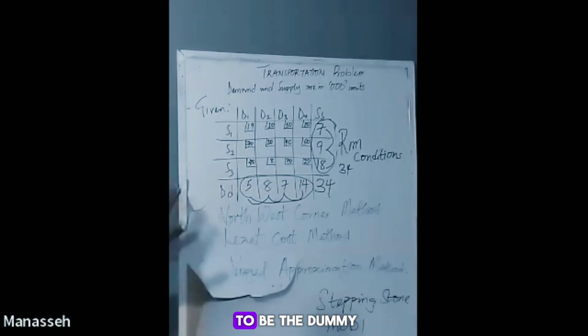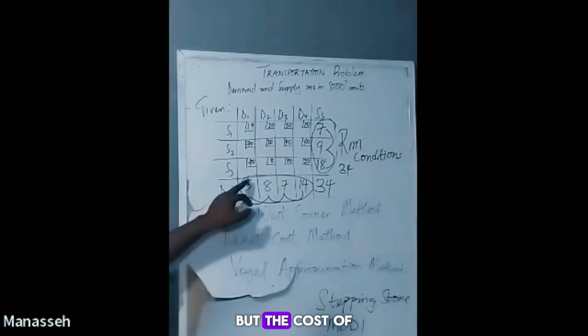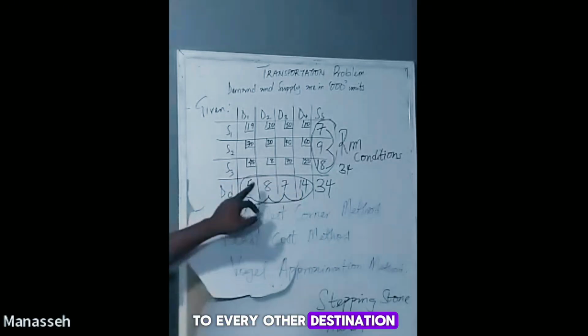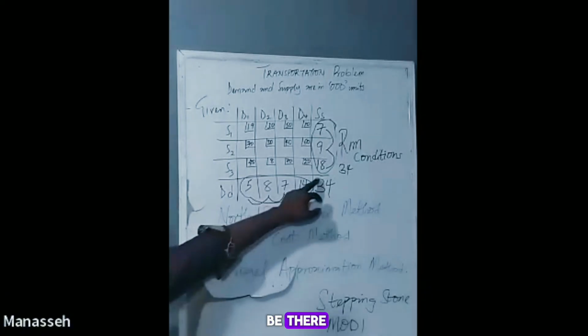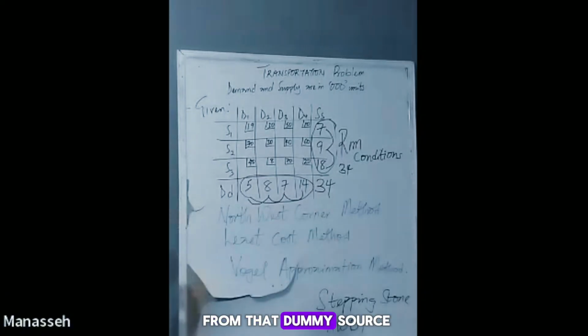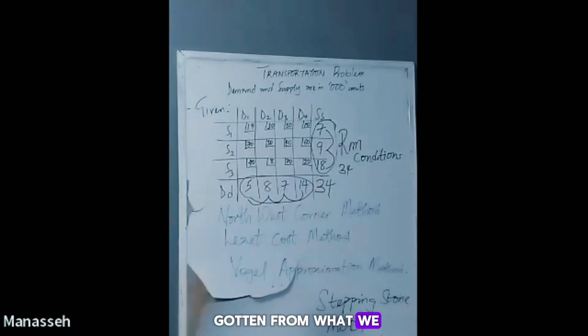That S4 is going to be the dummy source. The cost of moving the product from that dummy source to every other destination is going to be 0, 0, 0, while the units we can get from that dummy source is going to be the 2,000 units difference.